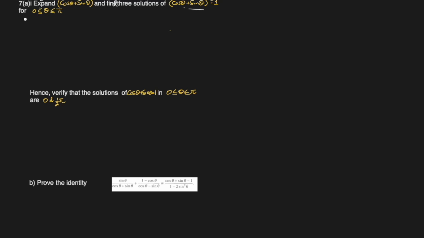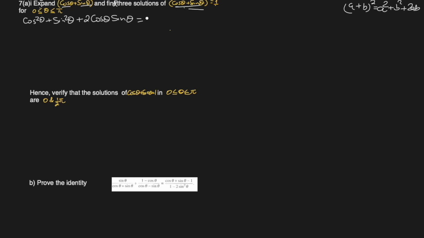So let's expand this. I hope you know this identity: a plus b square is equal to a square plus b square plus 2ab. Same thing we'll do here. A is cos theta for us, b is sin theta. So it will be cos square theta plus sin square theta plus 2 cos theta sin theta, and they said this is equal to 1.